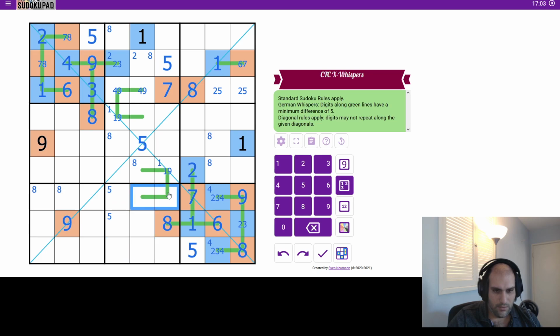That's a 9. So the high digit on here has to be a 6. It has to go with a 1, the exact same way it was in here. 1 and 6 go in here. 1 doesn't go there. 6. Come on, keep moving.